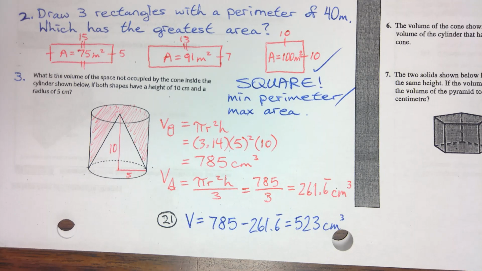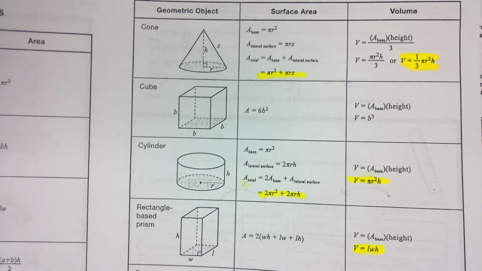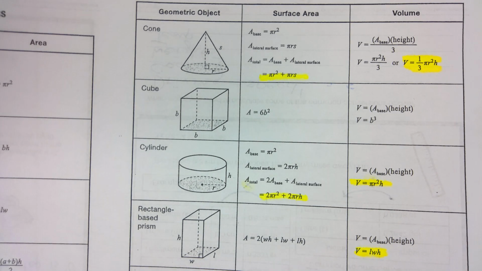Okay. EQAO asks this question every year between the cone and a cylinder. However, last year they tried to trick people. Last year's question was, let's say you have that cylinder full of water and you pour it into the cone.